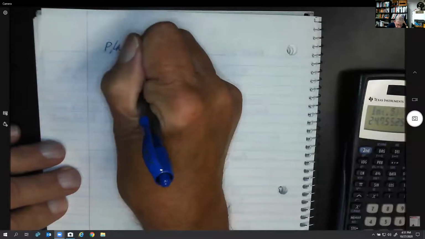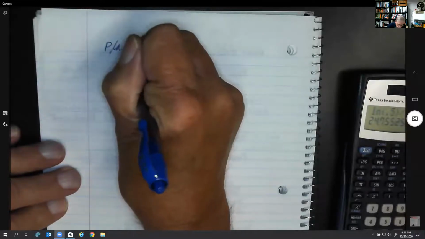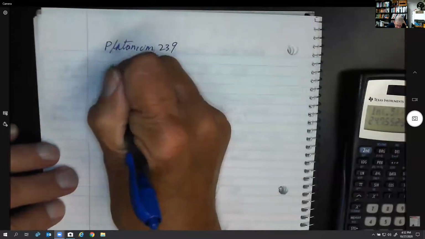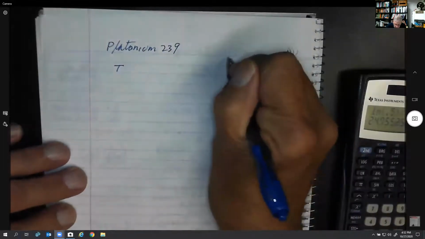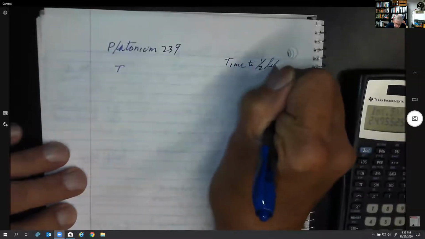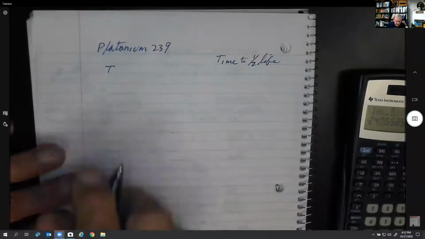And we want to try to figure out what's the half-life of this plutonium-239. We know the decay rate, so we want to figure out how much time it takes to get to the half-life. Okay, how much time does it take to get to the half-life?